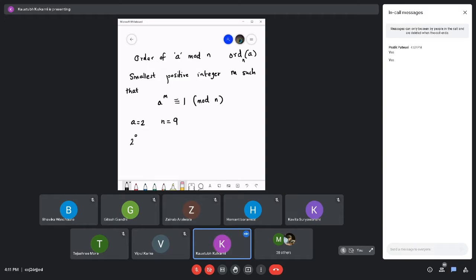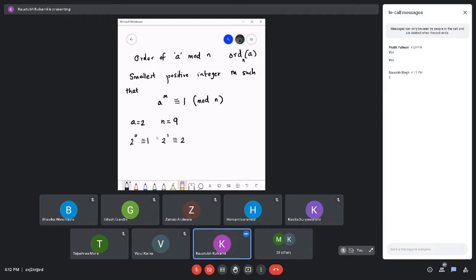Let's start from m equal to 0. So 2 raised to 0 is 1. It's congruent to 1 mod n. 2 raised to 1 is congruent to 2. Okay, now why 0 is not the answer?